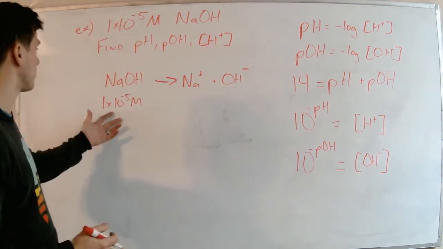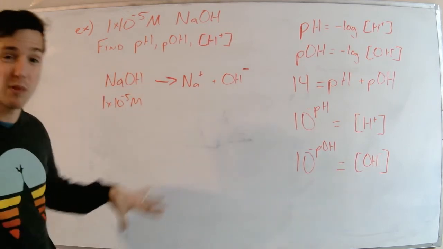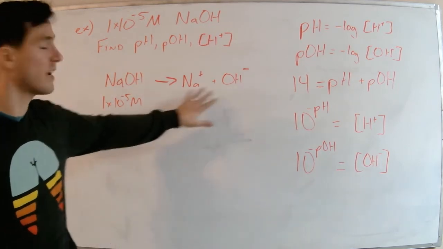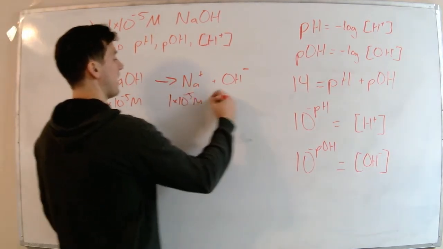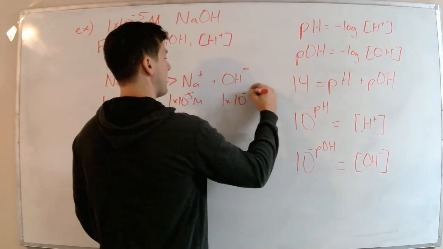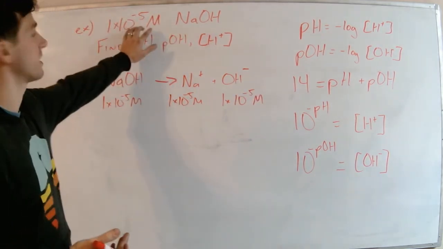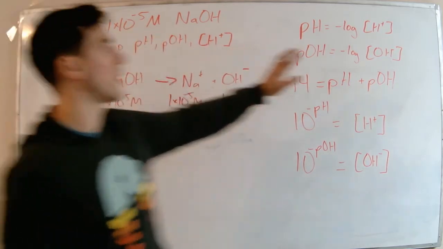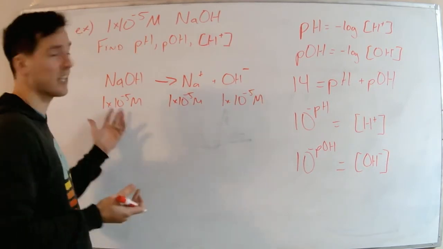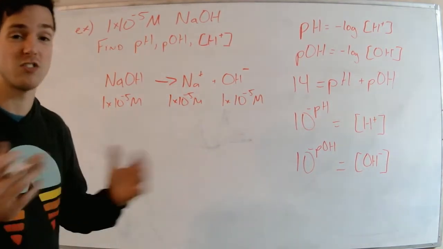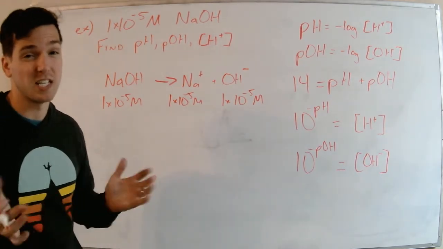If the concentration of the one molecule was 1 times 10 to the negative 5th, and it completely dissociates, we're going to have the same concentrations of Na+ and OH-. So that's why we can plug in the concentration of NaOH directly as the concentration of OH-. It is because the NaOH dissociates so completely that the concentrations are pretty much the same when they split apart.